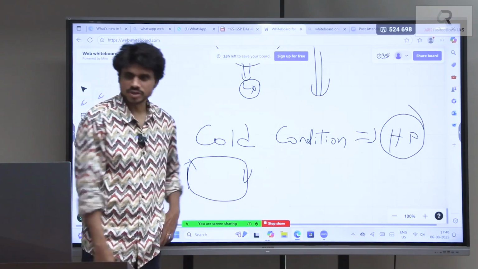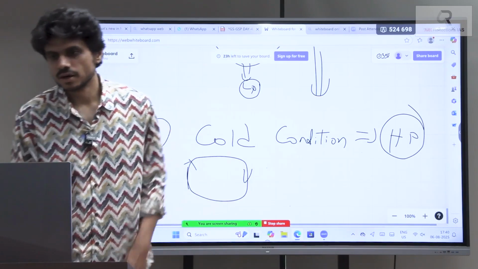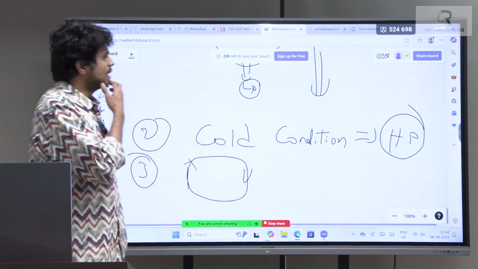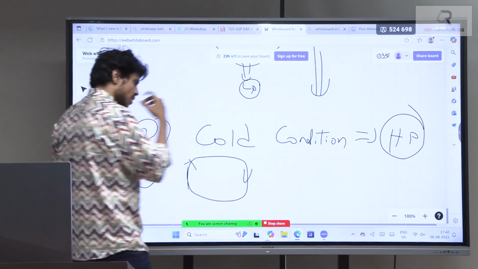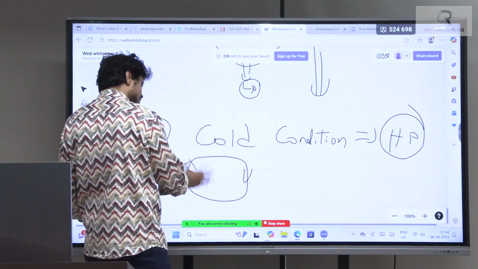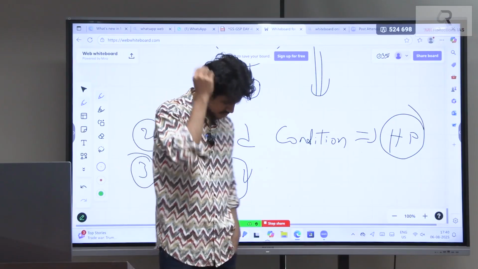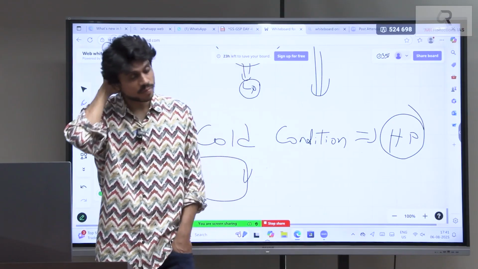There is a very important keyword. So El Nino or Indian Ocean Dipole, this pattern, there is some keyword for our wind circulation. Okay, I am not able to recall the keyword.